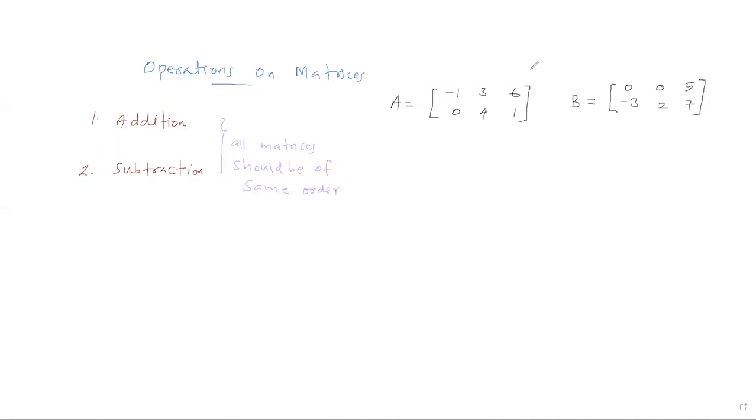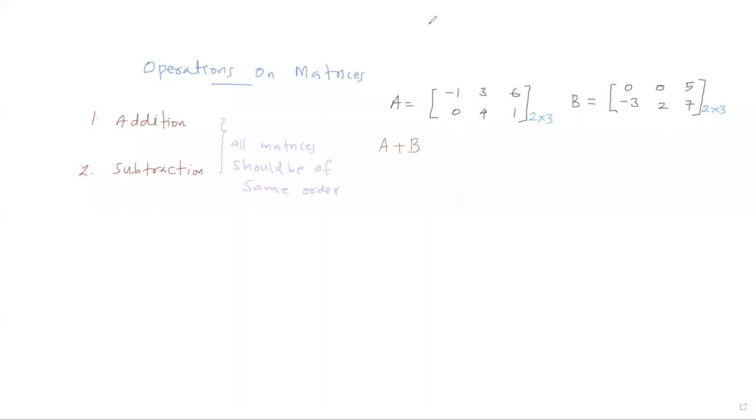So if you want to find A plus B, सबसे पहले यही देखना है कि ये दोनों का ऑर्डर सेम है क्या, तभी आप ऐड कर सकते हैं. इधर फर्स्ट A का ऑर्डर है 2 rows 3 columns, B का ऑर्डर है 2 rows 3 columns. So that means we can add this. You can add these two matrices.